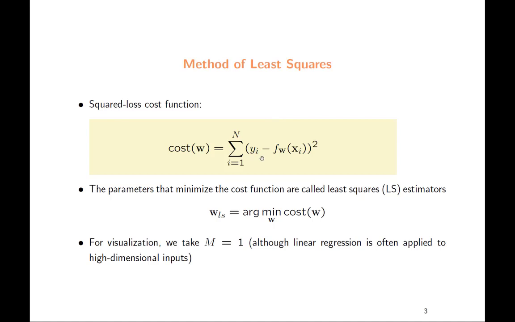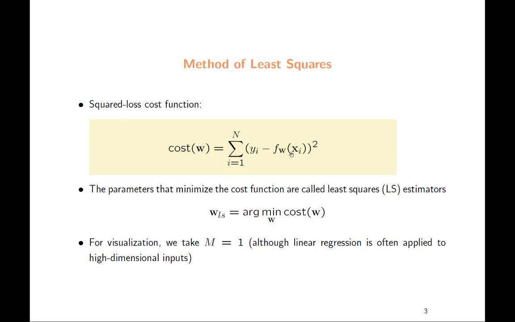And then you take the difference between the prediction of your model, fw of xi, so this linear model, take the difference with respect to the true target of this training data point, and you take the difference and square it. So the square of the difference is non-negative, and it's minimized if you obtain the best fit.